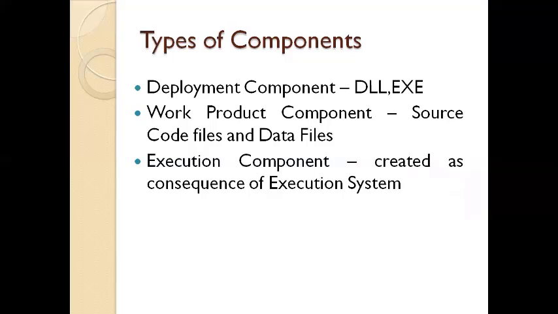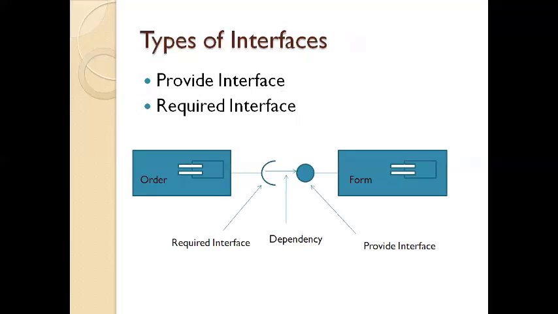These consist of source code files and data files from which the executable system can be developed. The third one is the execution component. These are created as a consequence of the executing system. So these are the three different types of components which can be taken while designing the system. These represent the physical aspects of a system.